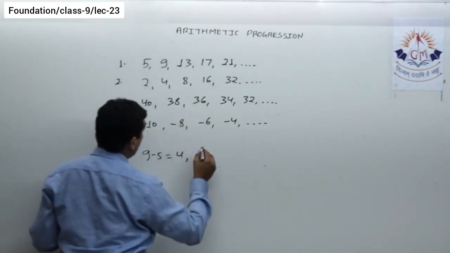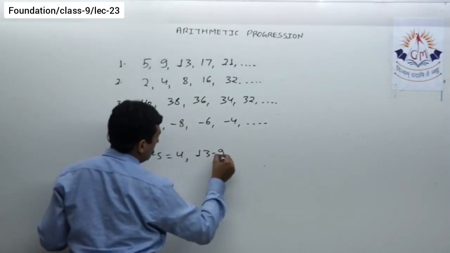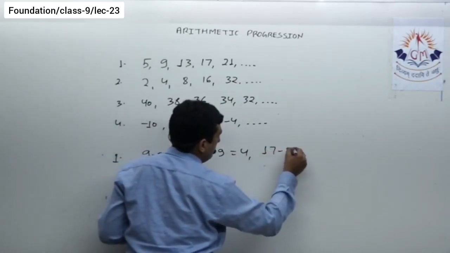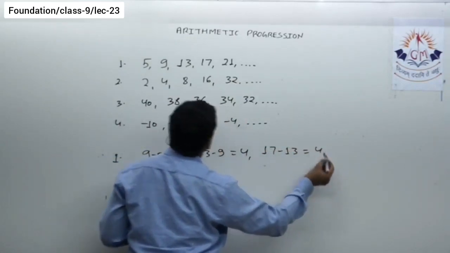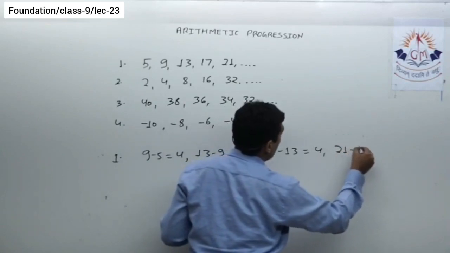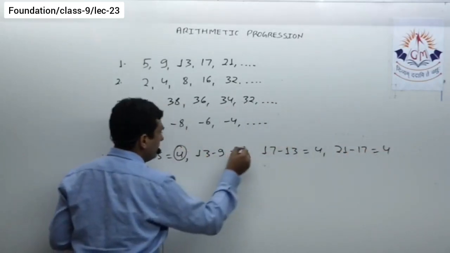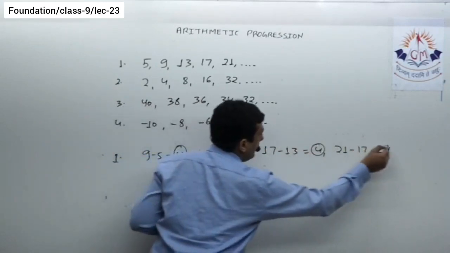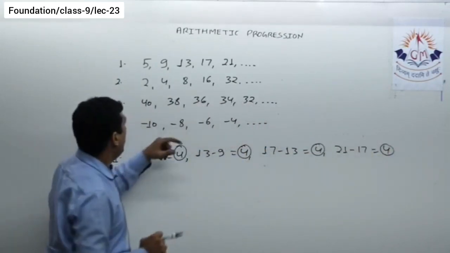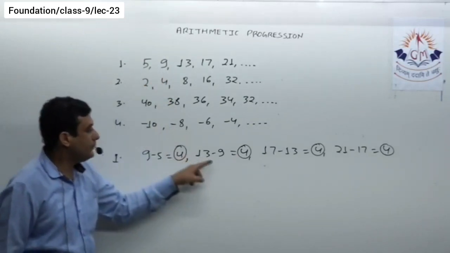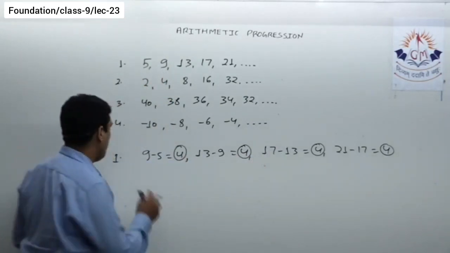Then 13 minus 9, again 4. Then 17 minus 13, again 4. Then 21 minus 17, again 4. So here the difference of any term and its previous term, not for the first, any term and the previous term, is 4, that is constant.